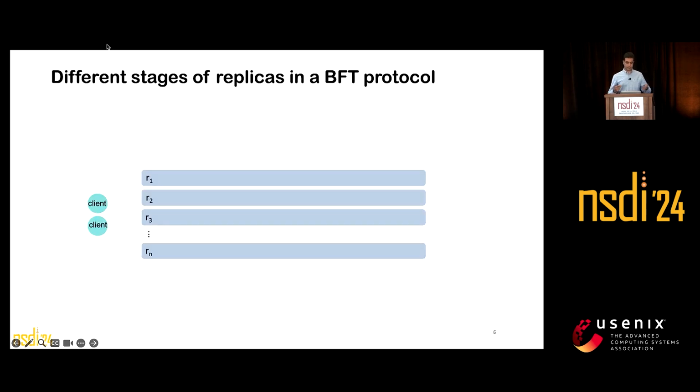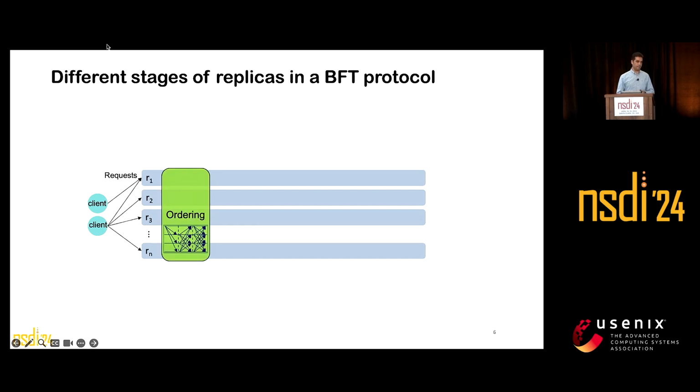So to talk about this design space and different design choices that we have, let's talk about different stages of replicas in a BFT protocol. We have clients, we have a set of replicas. Clients send requests to replicas. We have ordering, where we establish an order among transactions. We execute transactions.